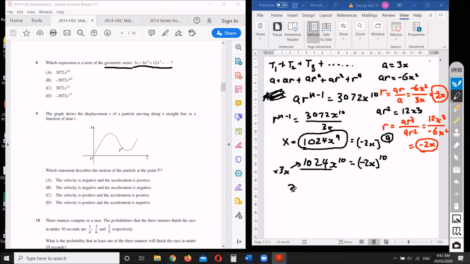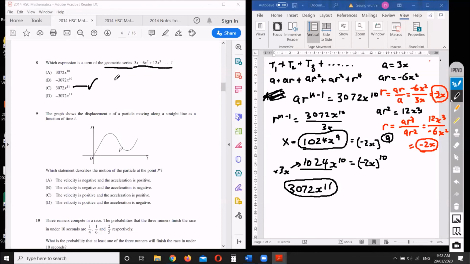Then our answer is 3,072 x to the power of 11. You see that? So which one of those answers is going to be a term in this geometric series? C.